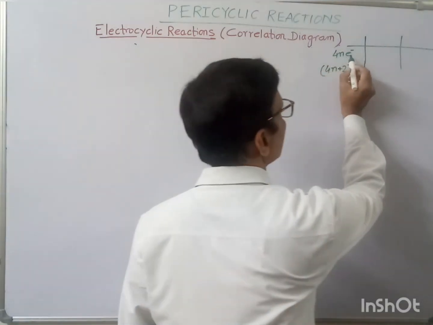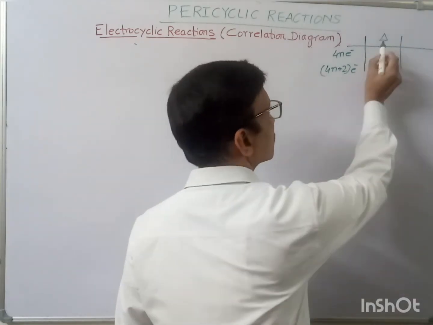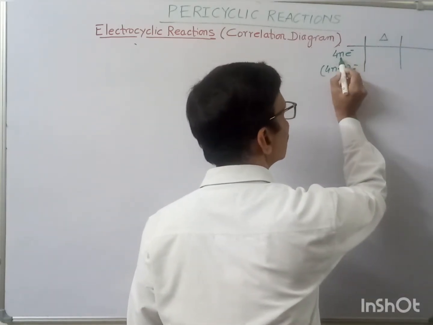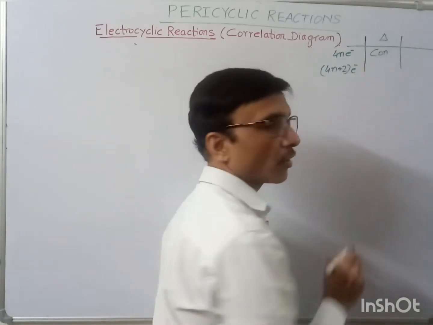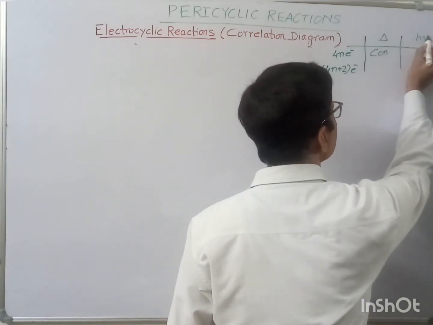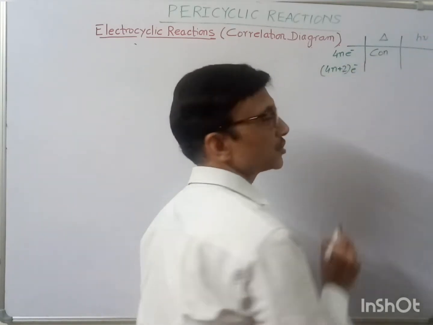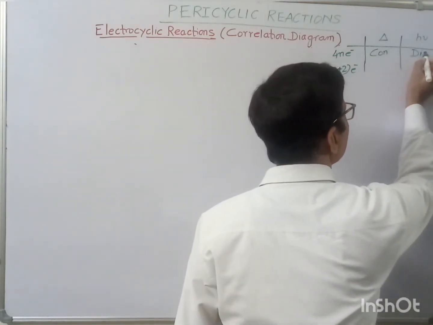So 4n electron systems under thermal condition show conrotatory motion of the orbitals, whereas under photochemical conditions, the 4n electron systems show disrotatory motion of the orbitals.